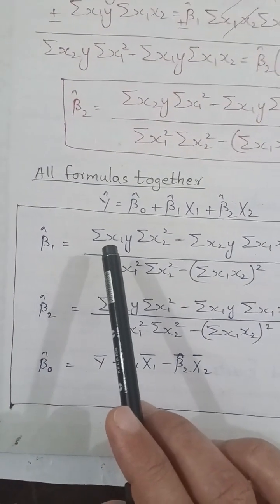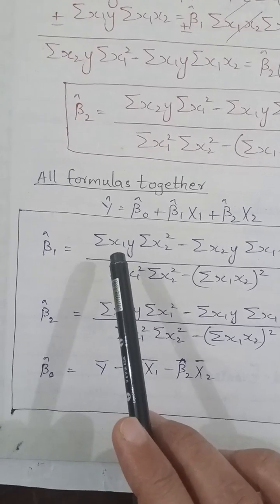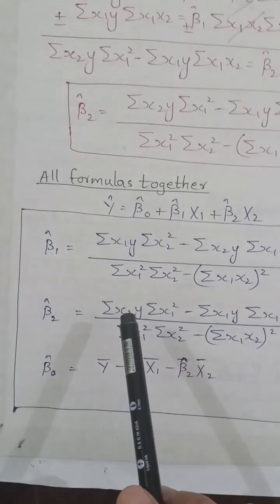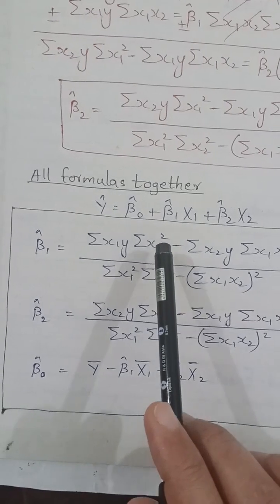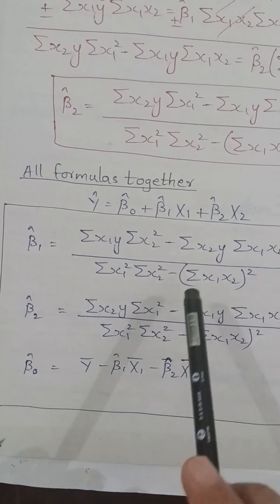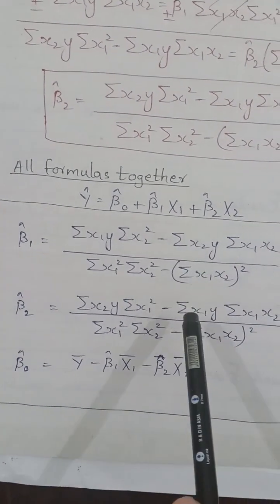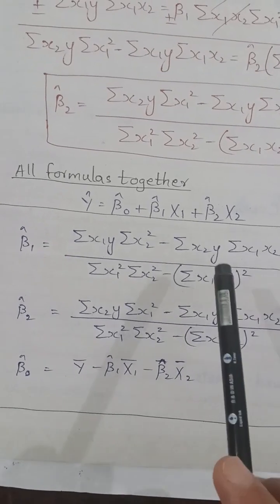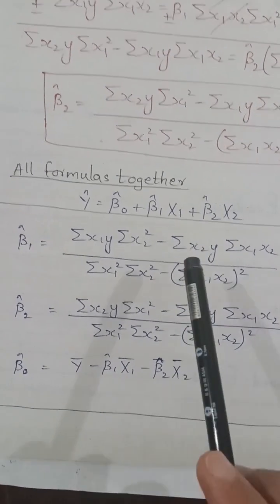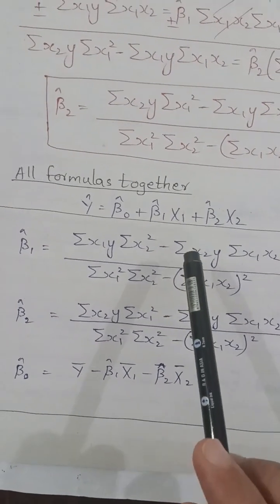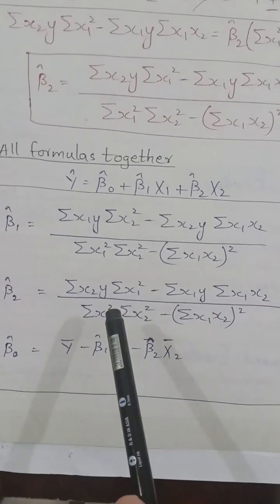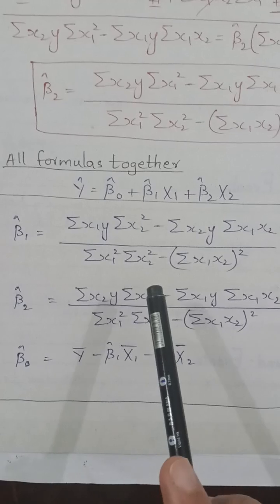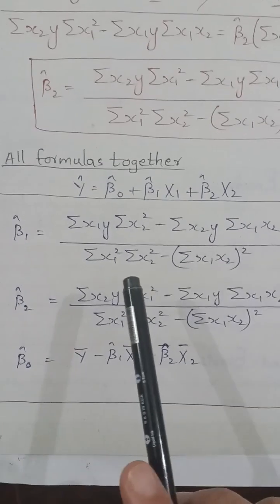Here you can see sum of x1y appears, and here sum of x2y appears. Here sum of x2 square, here sum of x1 square, here sum of x2y, here sum of x1y. So there is a cross relation while the rest of the terms are the same. So it is easy to remember these formulas. You only have to remember one of the formulas.